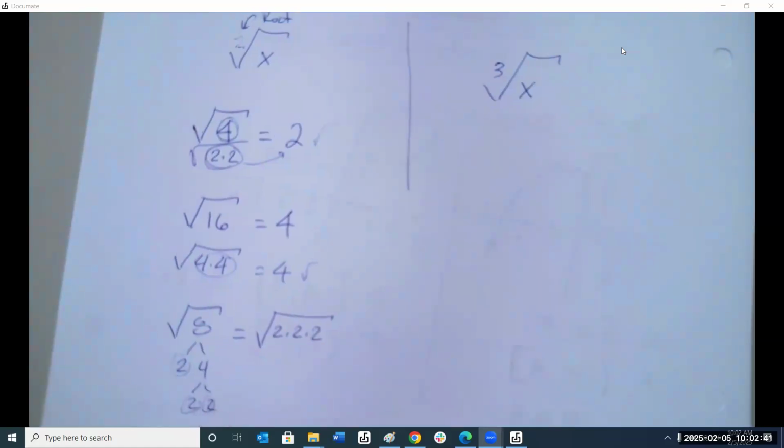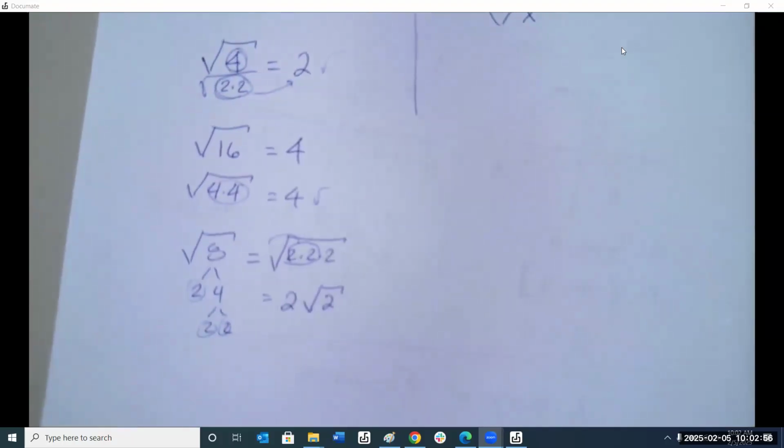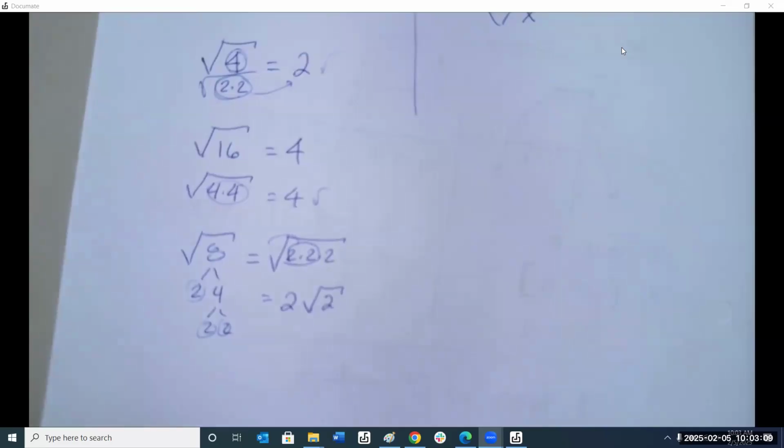It's a square root. How many of a kind do I need? I need 2 of a kind. So here's 2 of a kind. It goes out in front. Whatever's left stays inside the radical. So there's my answer. Once you break it down, prime factorize it, whatever's left after you take out every 2 of a kind, you're done. That's whatever's left inside there.